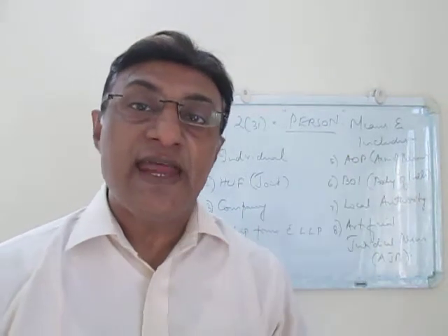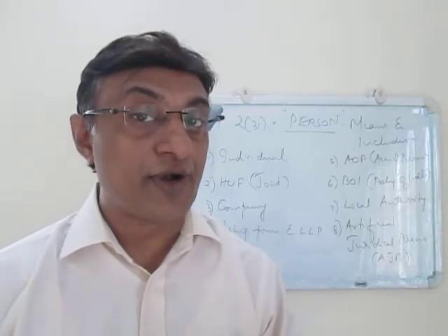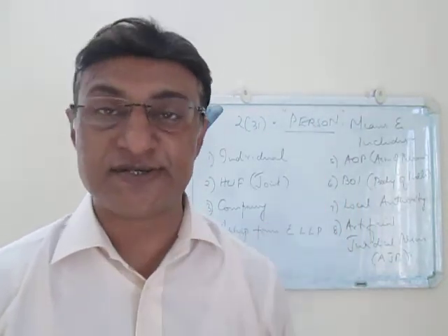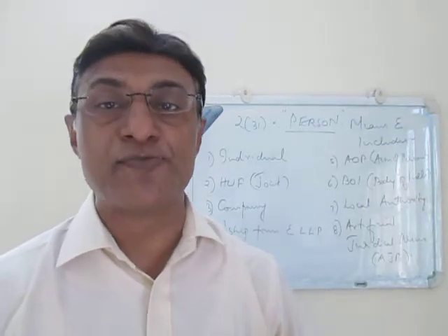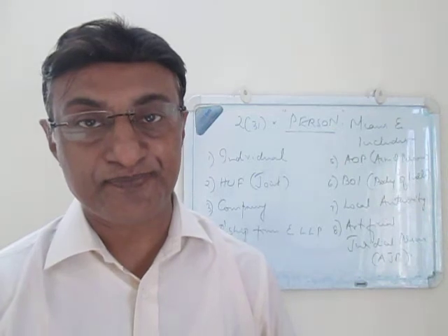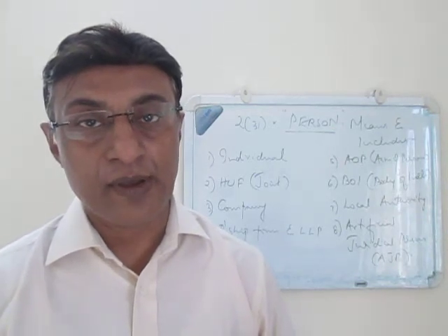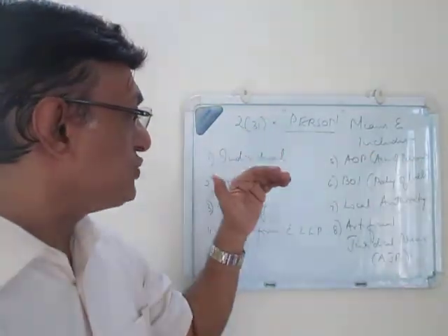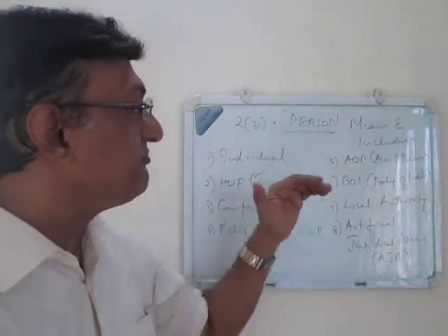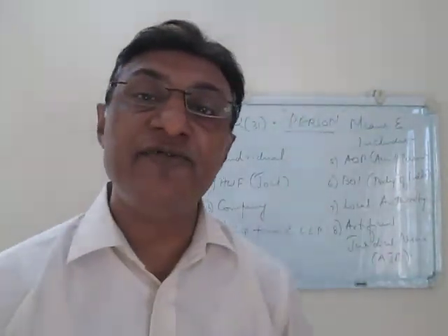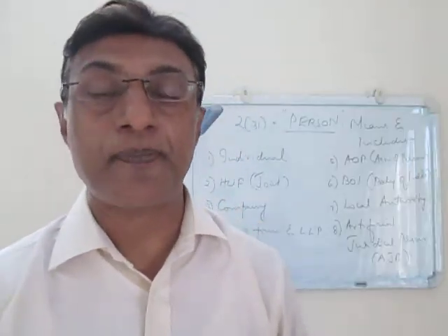So these 8, and more importantly, only these 8 are persons subject to income tax proceedings, subject to tax liabilities. I repeat, individual, HUF, company, partnership firm, AOP, BOI, local authority, artificial juridical person.